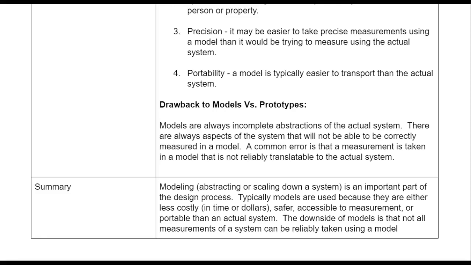It's an important part of the design process. Typically models are used because they're less costly, safer, easier to measure, and more portable than the actual system. The downside is that not all of the measurements you can take of a system can be reliably transferred from a model. All right, so there's your overview of modeling.